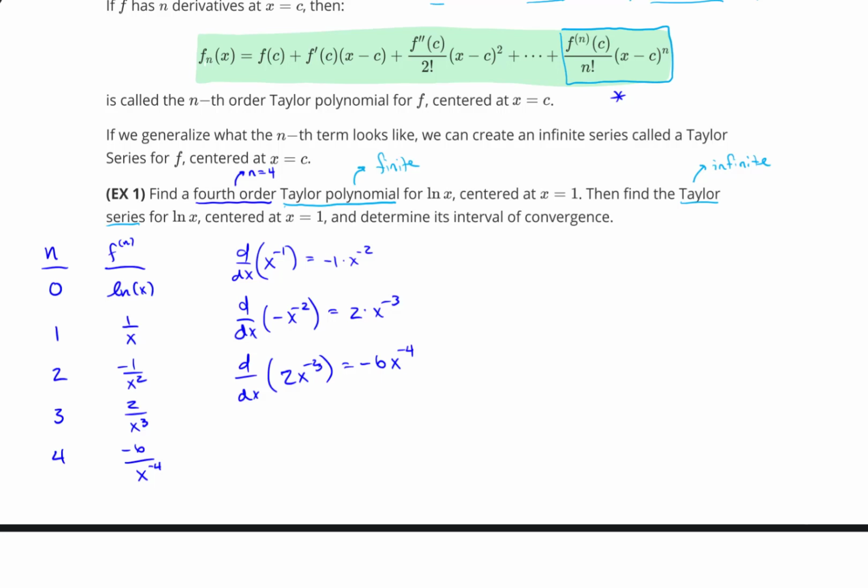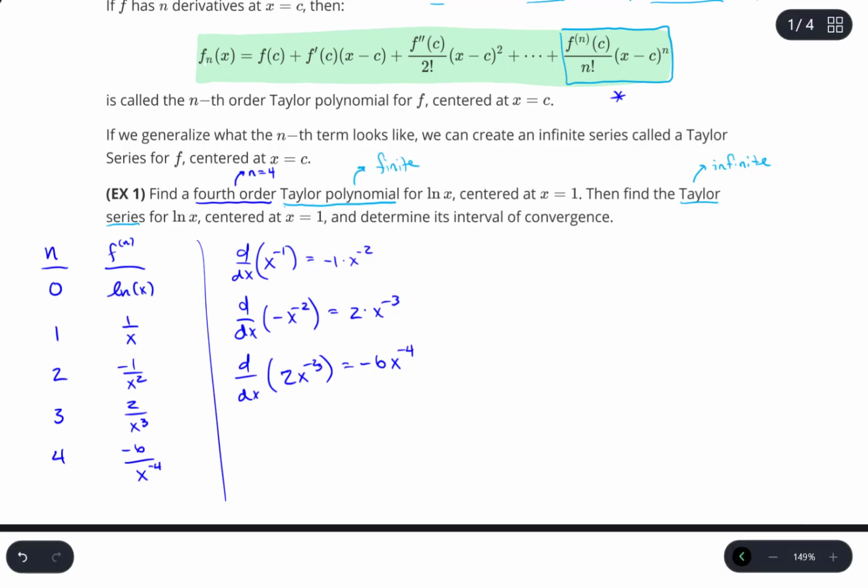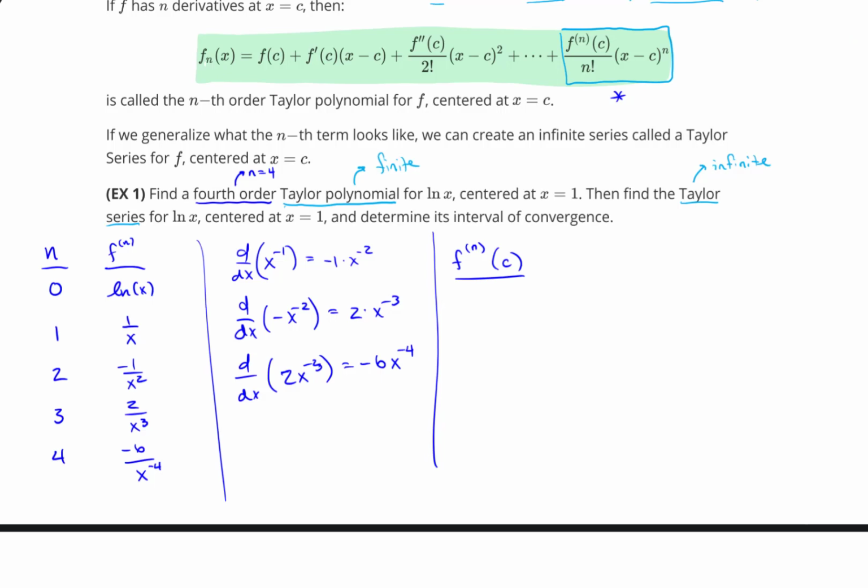I probably should have put this over to the side a bit more, but for the next part of my table, I want to evaluate each of those at c. And c is the value 1. So actually, I'll just change that to a 1.